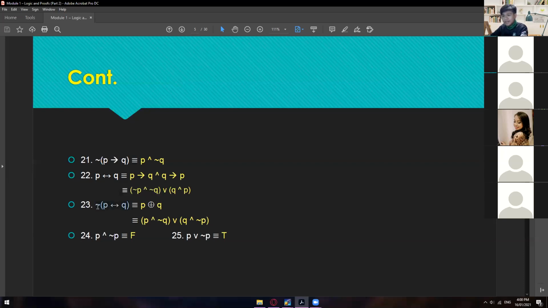So if you have this kind of setup, this one is equal to P and not Q, or in other words, you can derive this one into this. So this P is actually equal to P and not Q, or this Q is equal to Q and not P. Okay. So this one is actually quite similar with this one, like having P must be sufficient to Q, and Q must be sufficient to P.